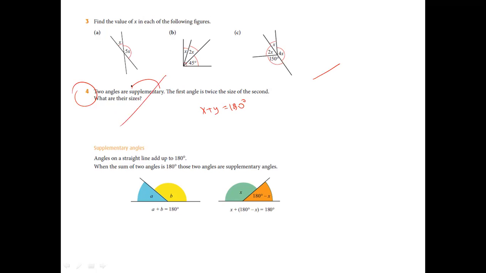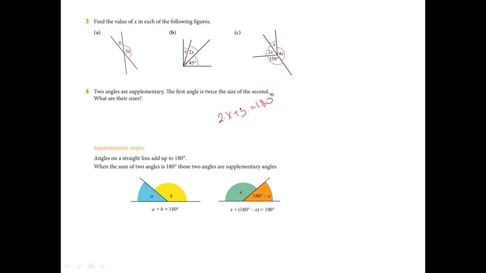The first part of the question is solved, and in the second part, the first angle is twice the size of the second. So x plus y is equal to 180.